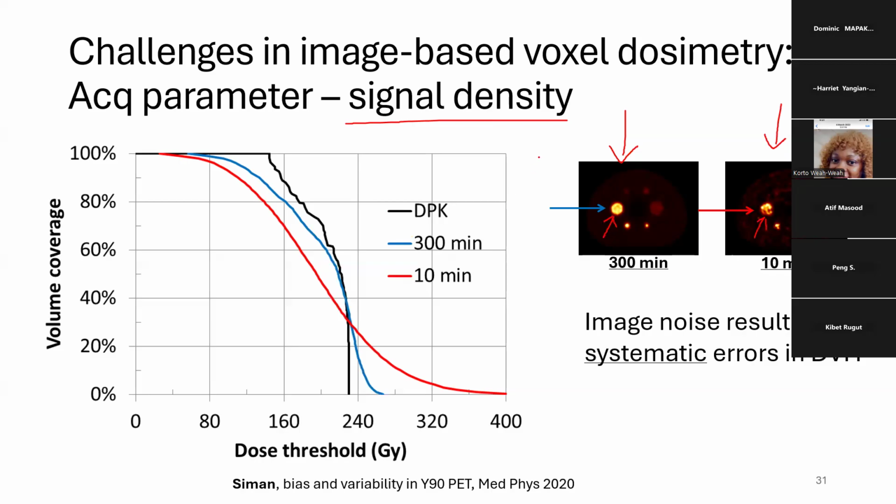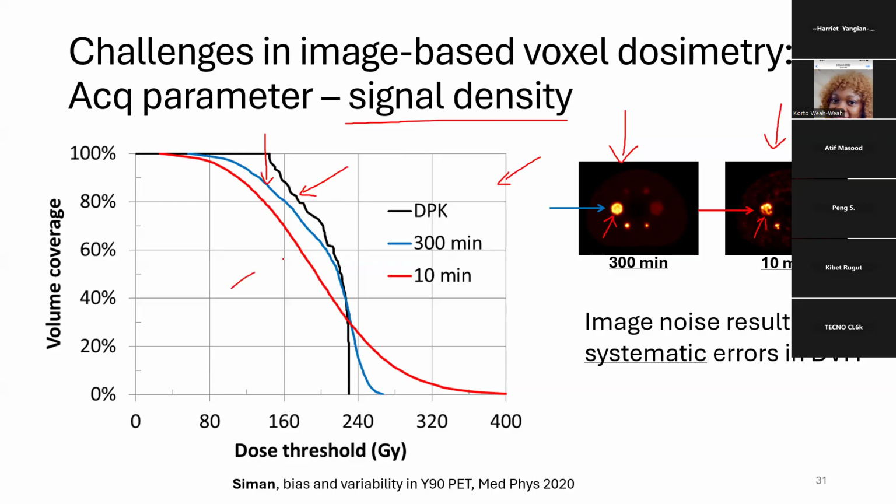And if you look at the volume histogram, which is what you need for quantitative dosimetry, the black curve is the truth. You image it for 5 hours, it's actually pretty decent, pretty close to the truth. And you image it for 10 minutes, then it gets further away from the truth.